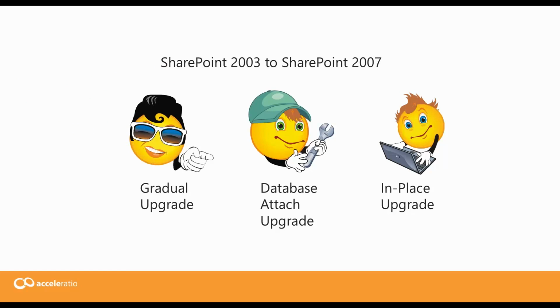We had 3 methods. We could do a gradual upgrade, a database attach, or an in-place upgrade. And I, as a SharePoint guy, always used gradual. The in-place upgrade method meant you've got a SharePoint 2003 server, you slap the SharePoint 2007 CD in the drive, because yes, we still actually used physical servers, and you did install SharePoint from CD. It was wondrous times.